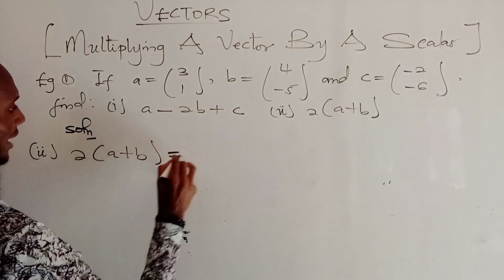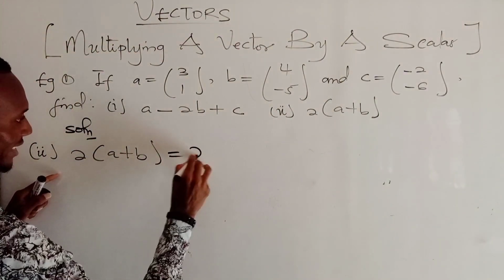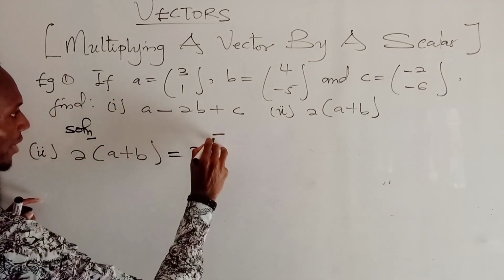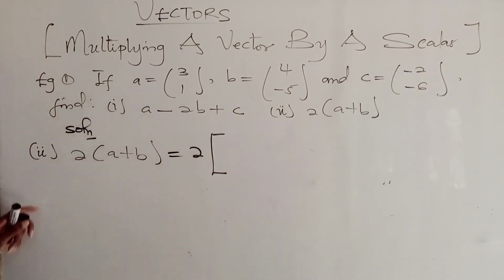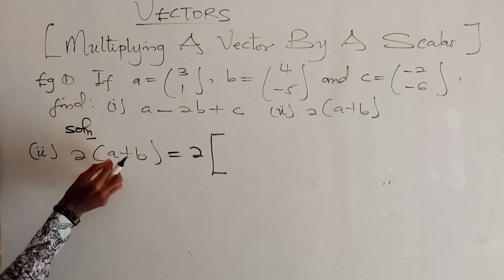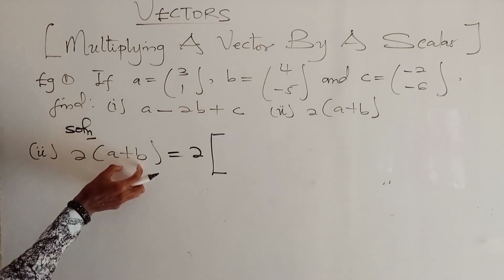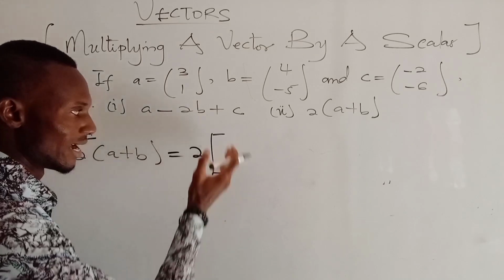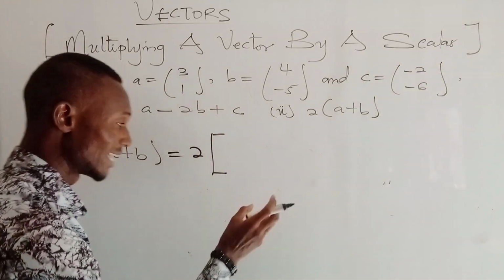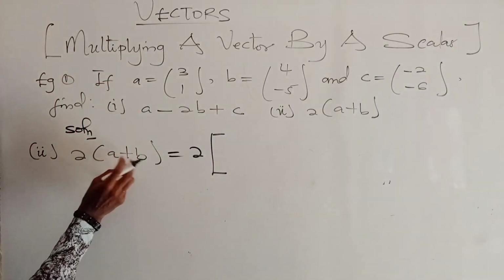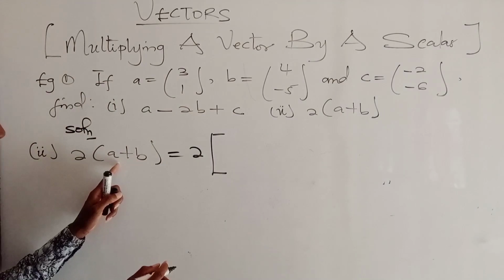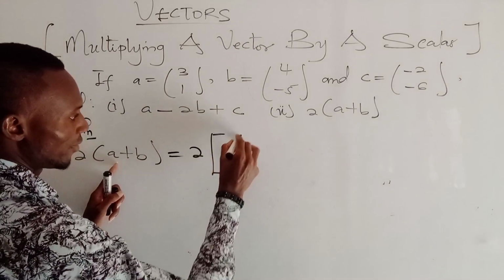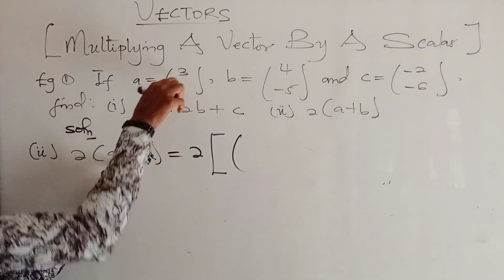So let's start by inputting our values. I'll repeat my 2, then I'll bring a bigger bracket, because I have the vectors a and b adding here, and the 2 is multiplying this, so I need a bigger bracket so that I can do the addition of a and b. I'm seeing a here, so I'll bring my value of a, which is 3, 1.